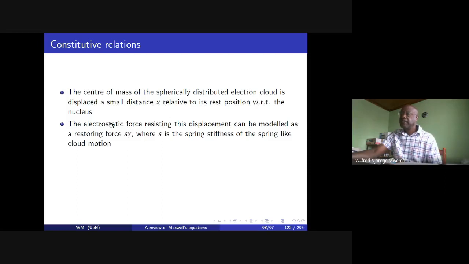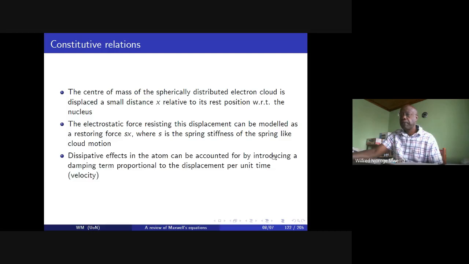That is, if x is small enough, then the force of attraction trying to pull the electrons back toward the equilibrium position will be a stiffness S multiplied by x, just like a spring. And we can say that that is the restoring force, the force trying to bring back the equilibrium conditions.